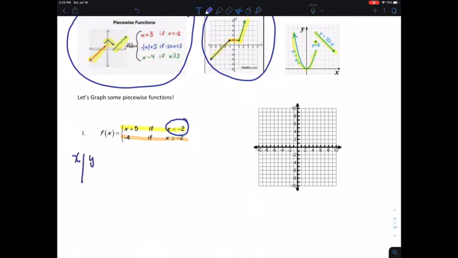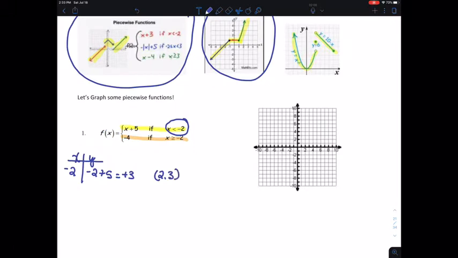So I'm going to just simply do an XY table, insert -2, and so I have -2 plus 5 is +3. So we're going to start off with that first ordered pair, which is (-2, 3) and put our first dot.